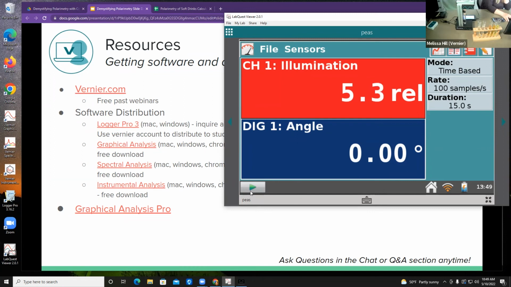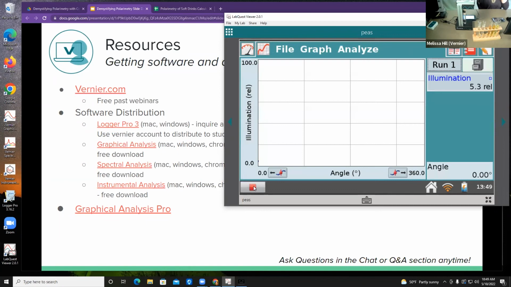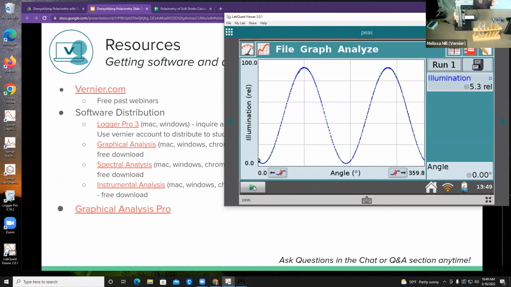So I put in my water sample, I press collect, and I manually rotate the analyzer at the top here. And you can see this looks a little bit different because the manual one does not know anything. You have to tell it everything to do.